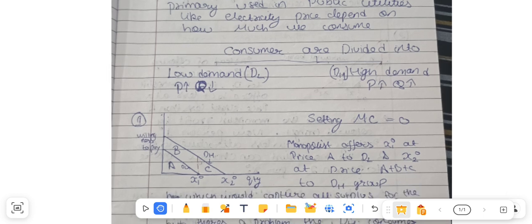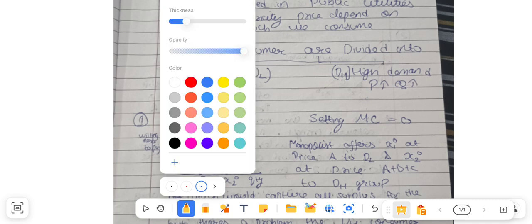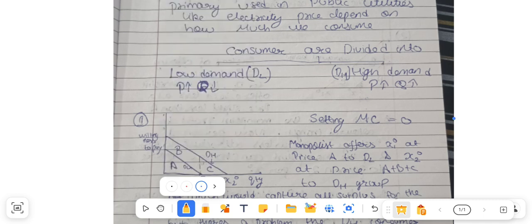So here we will divide the consumers into two groups. First is the low demand group, denoted by DL, which means that if the price increases, the low demand group will demand less quantity.